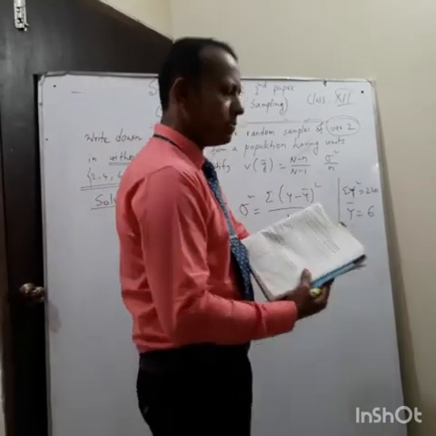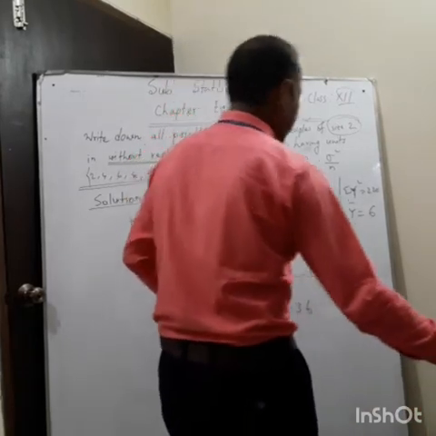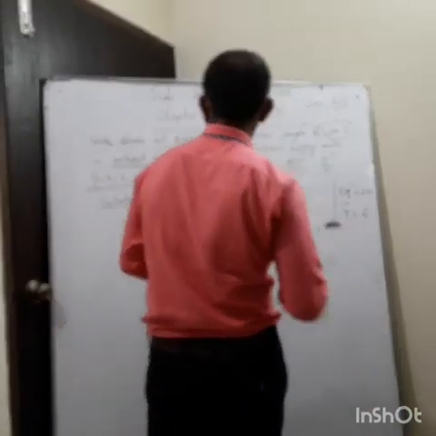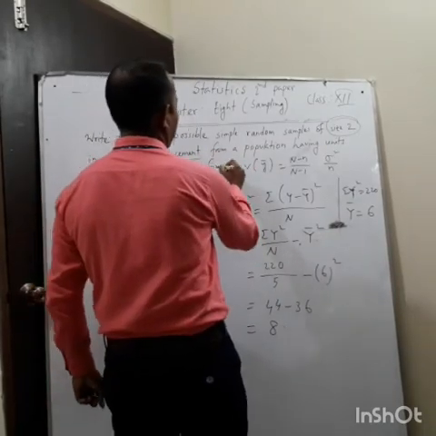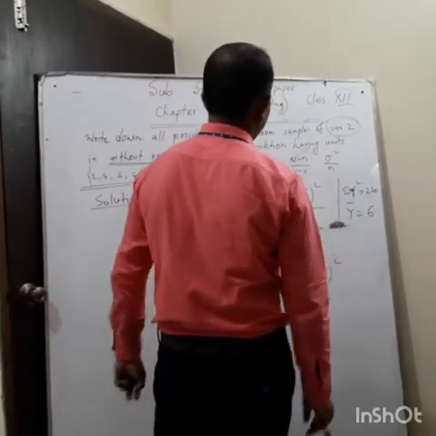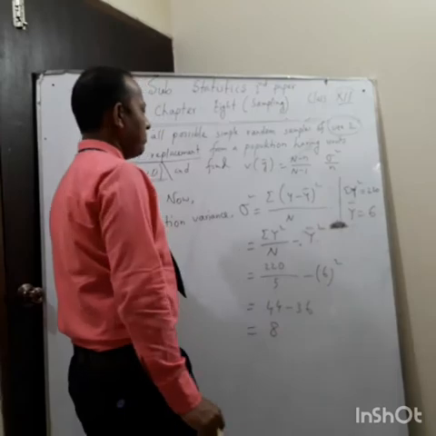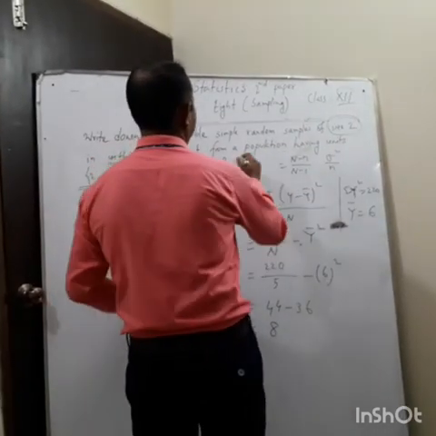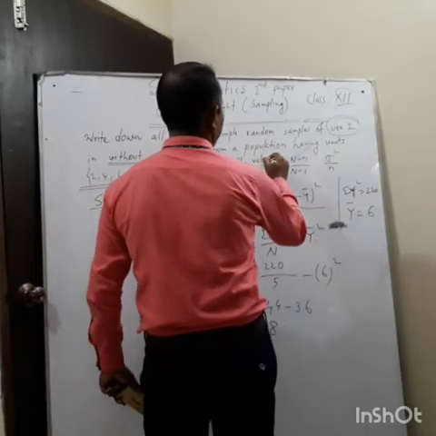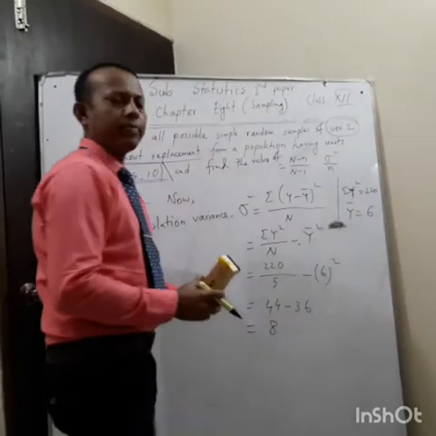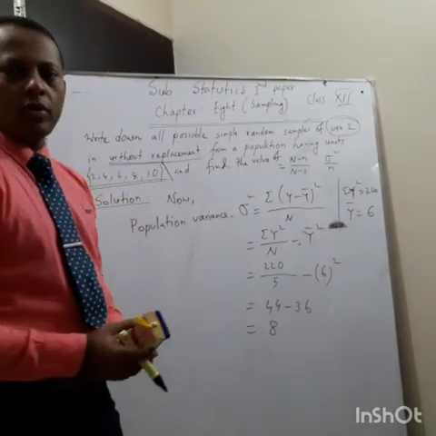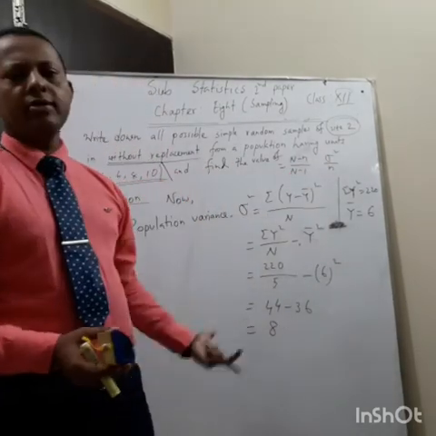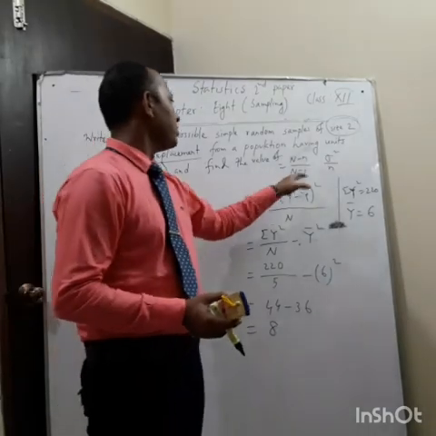Actually there is a mistake in the question, and it should be: find the variance of y bar equal to this. So we have determined the value of sigma square. Now it is a very easy calculation to determine this value.